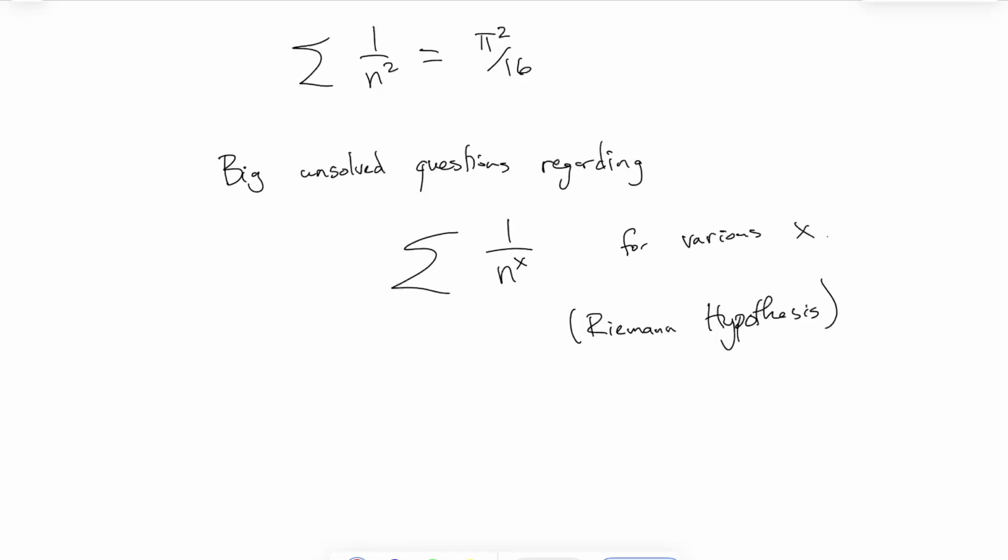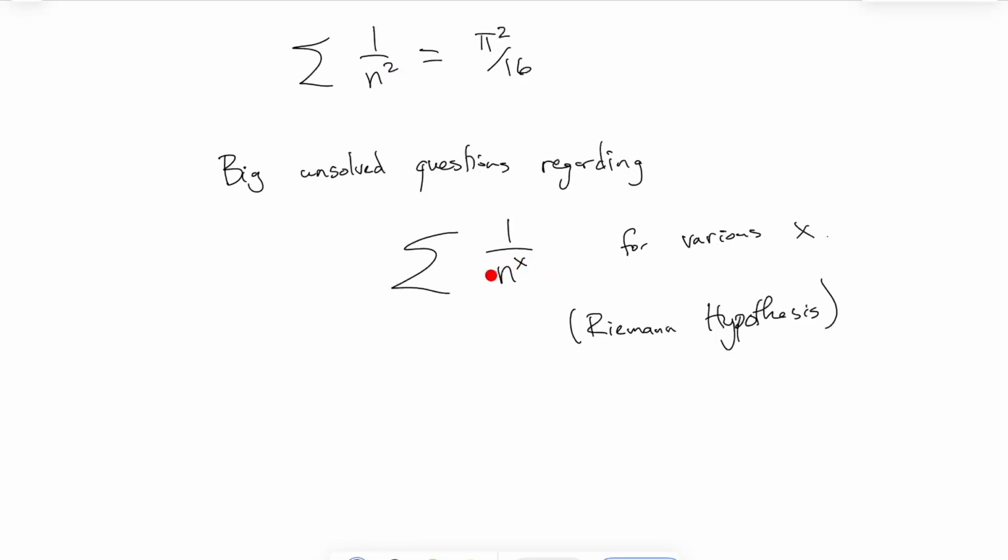The short answer is nobody actually knows how to calculate all of these numbers for various x's. There are certain specific values that we understand. For instance, if x equals 2, it adds up to pi squared over 16. But it is not generally understood what kinds of answers you can get if you use other x's here.